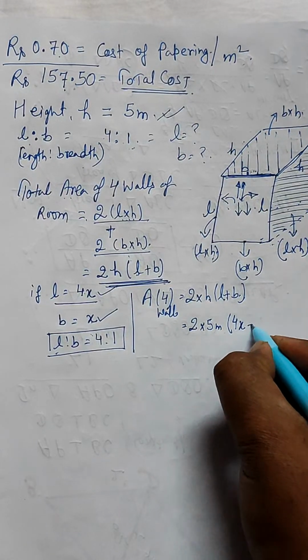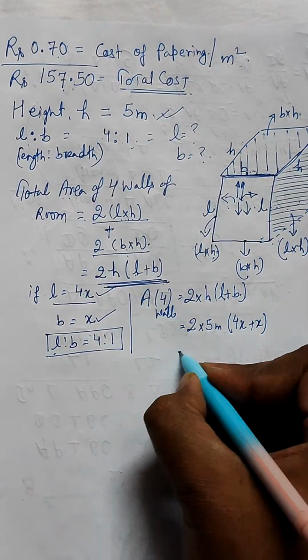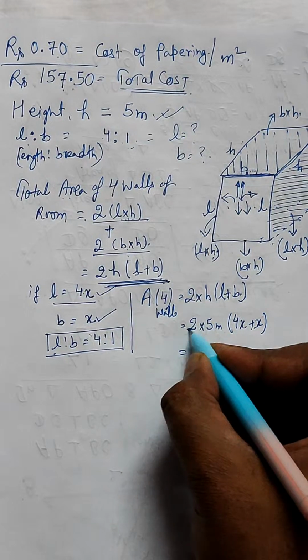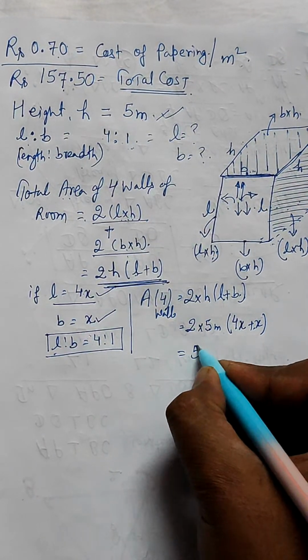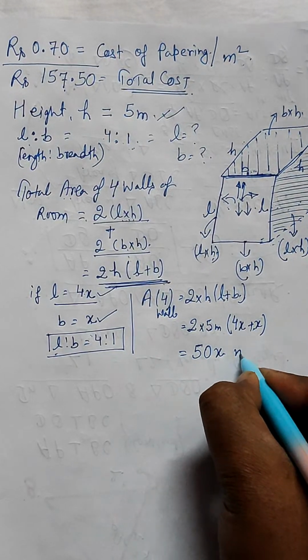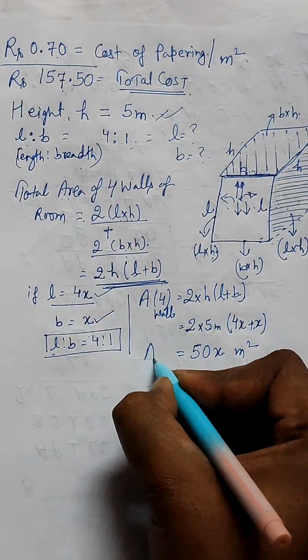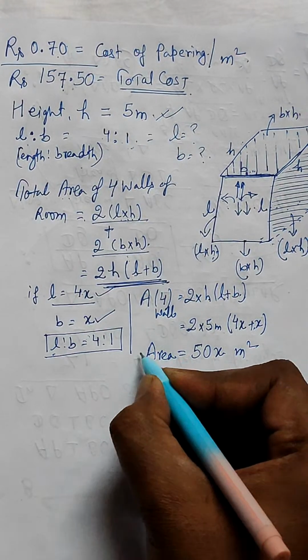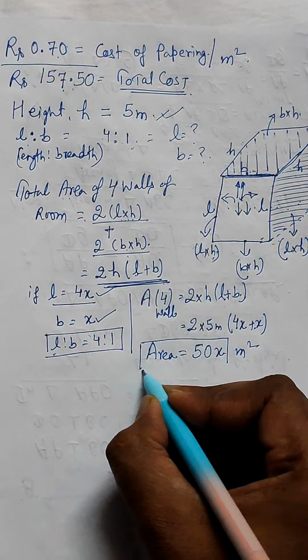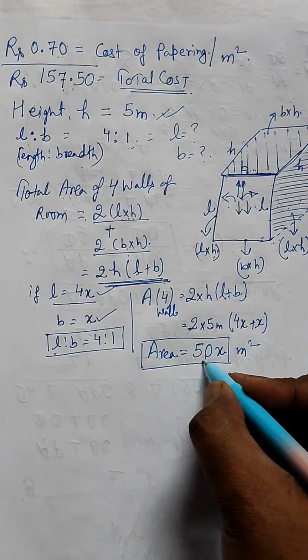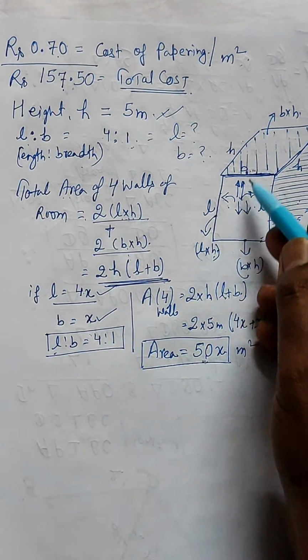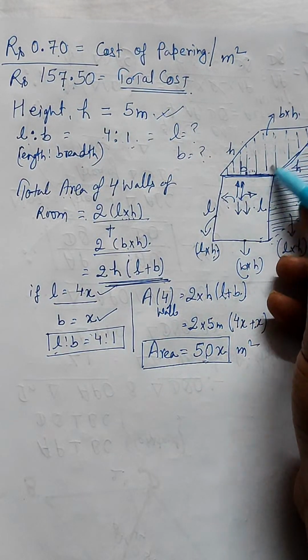So 4x plus x, that will be coming as 5x. So 2 into 5 is 10, 10 into 5 is 50. So 50x meter square is the area of 4 walls of that room. So that needs to be covered, and on that area the wallpaper needs to be pasted, right? This one.